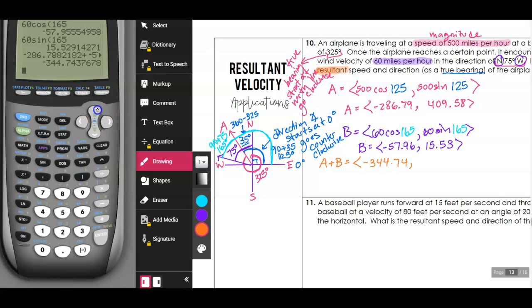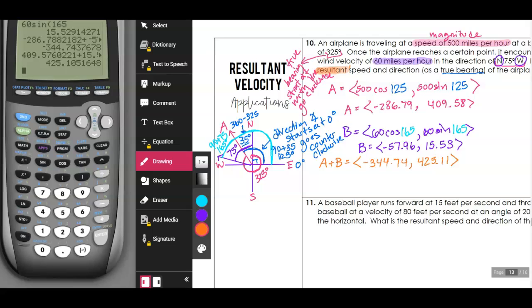And then we add the Y values, and you get 425.11, rounding to the hundredths.